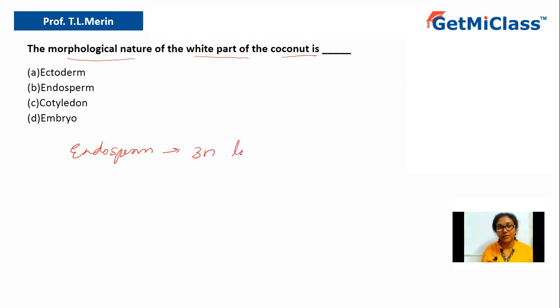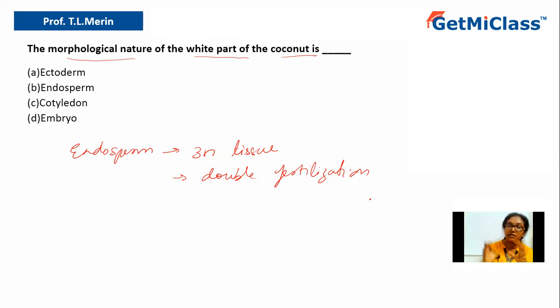Endosperm is a triploid tissue, like each cell of this tissue will be triploid in nature. And these are formed by the process called double fertilization, where one of the gametes fuses with the egg and the other gamete fuses with the central nucleus. That is the central cell.